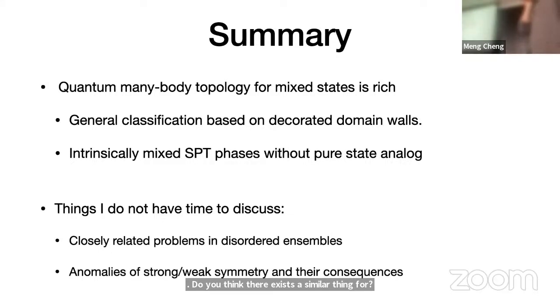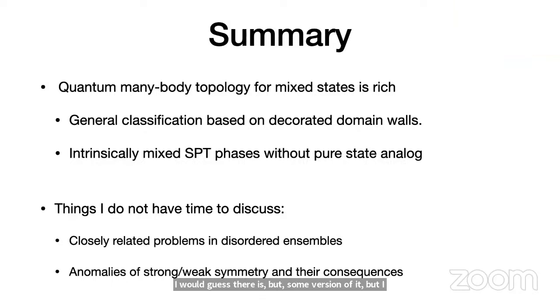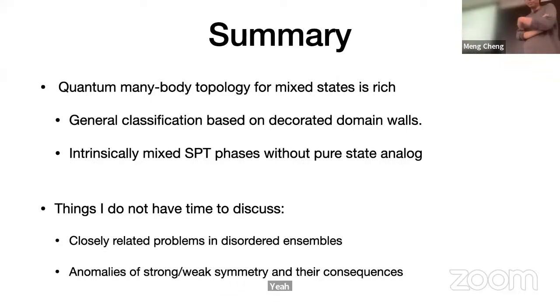I would love to know whether there's something that generalizes the Lieb-Robinson bound. I would guess there is some version of it, but I don't know anything about that. Yeah. Okay, thanks for the talk again.